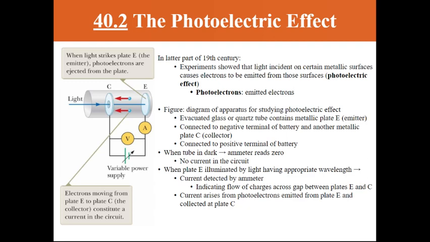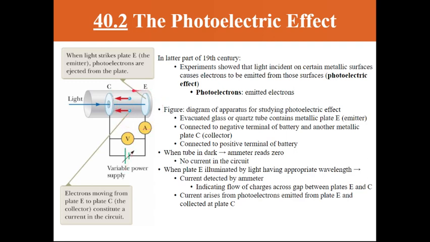Now, obviously, you can't see electrons getting ejected out of the plate, but the general setup worked like this. You get a vacuum chamber where no light would enter unless you wanted it to. In that chamber, you have two plates. One's negatively charged, and one is positively charged by default. There's also a variable power supply and a voltmeter to measure and adjust the potential difference between the plates.